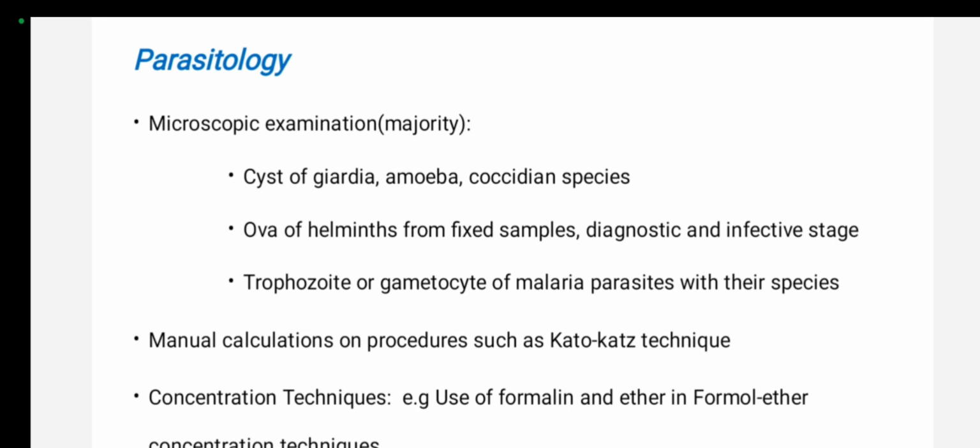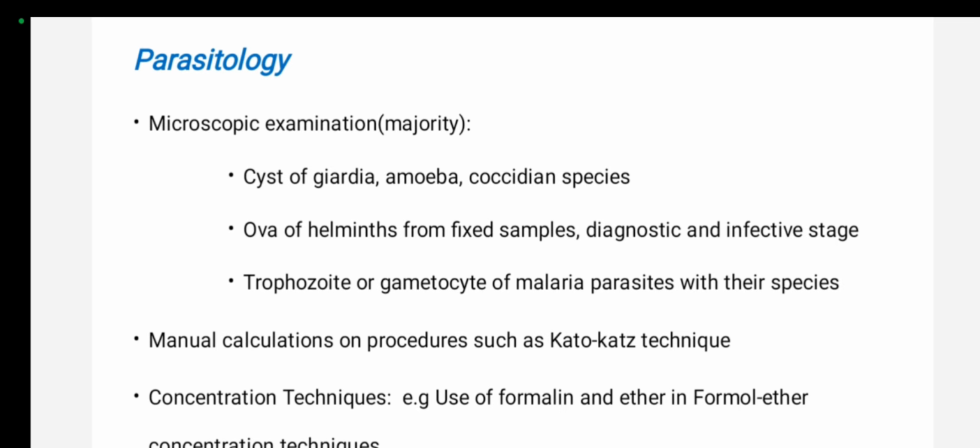Additionally, we may be asked to state the infective and diagnostic stage. For hookworm, the diagnostic stage is the ova, right? And the infective stage is the filariform larva. So we have to identify the infective stage and the diagnostic stage of each parasite. This is very important in parasitology.